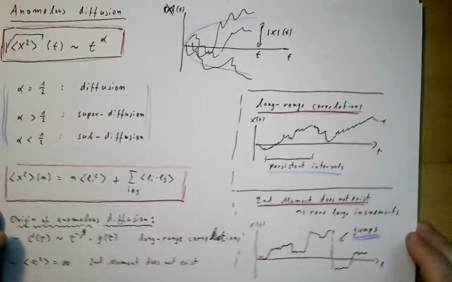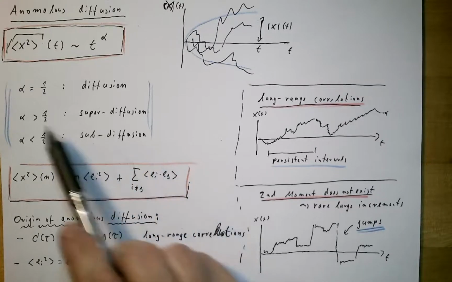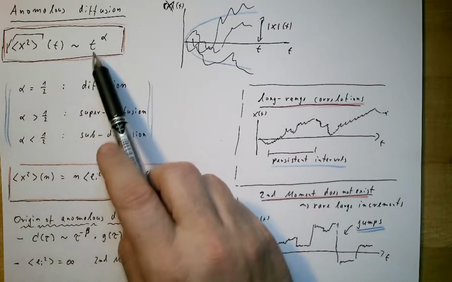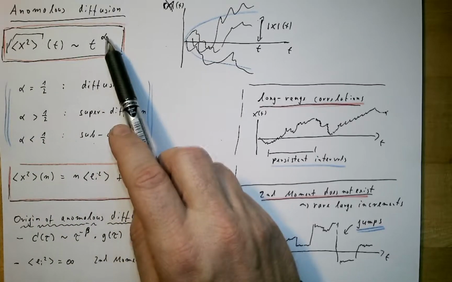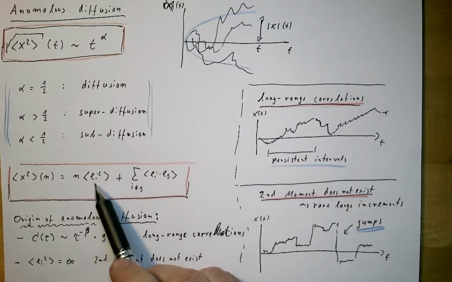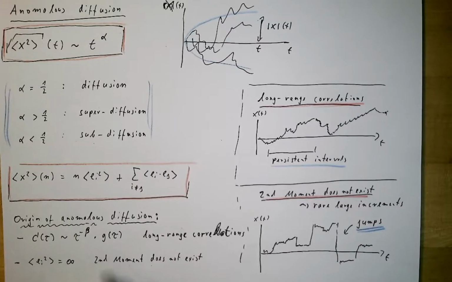In 1D random walks, when we were analyzing this, we have seen super diffusion, so diffusion where the square root of the mean square displacement increases faster than t to the power 1 over 2 in time. So the super diffusion can appear either when this second moment of the increments diverges.